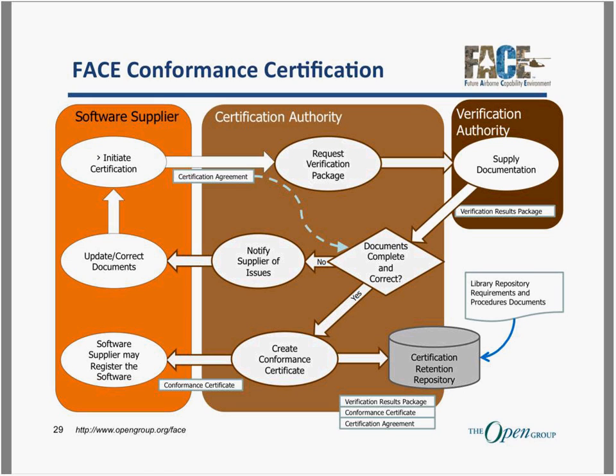So if an issue is found, the software supplier either needs to repair and correct that issue, or their certificate will be pulled. And that's in that certification agreement, and exposed early on, so it's no gotcha. As you proceed through this, it's explained very clearly in our guide and in several other documents.